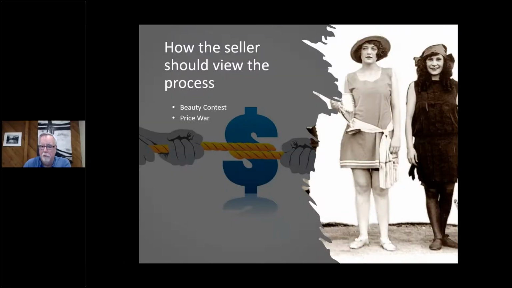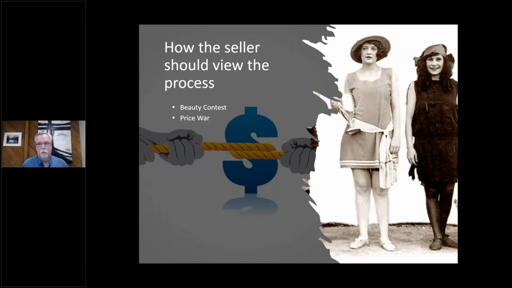And you have to remember that no matter how hot the market is, when you're selling your home, this is a combination of a beauty contest and a price war, right? That's what's going on. It's a beauty contest because of the way it's staged and cleaned and how it looks, right? That's the beauty contest. And people will be judging the property simply by looking at the virtual tour and the pictures online.